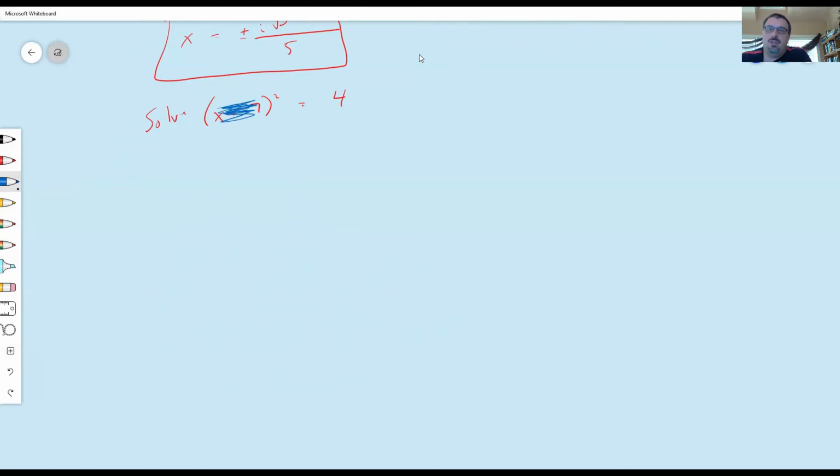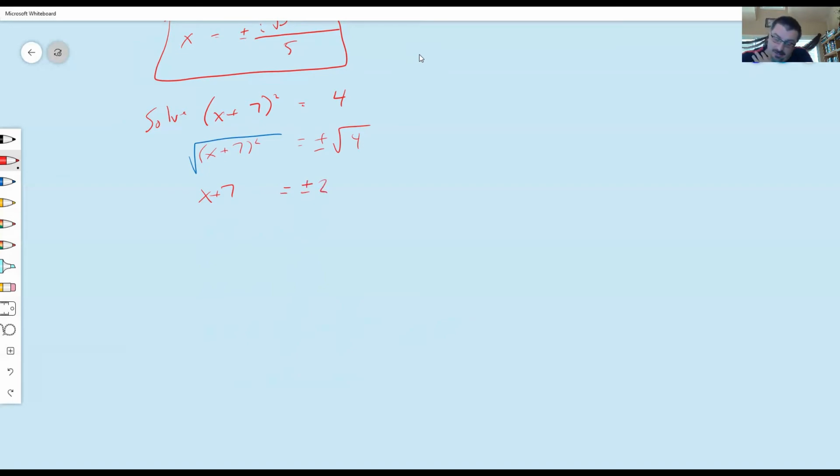If something squared equals a number, then all you need to do is take the square root of both sides. So square root of x plus 7 squared equals plus or minus the square root of 4. The square root of x plus 7 squared is just x plus 7. The square root of 4 is 2.